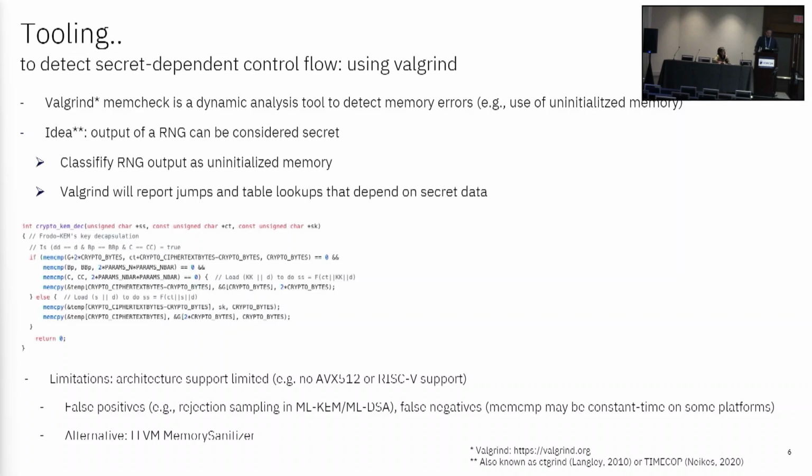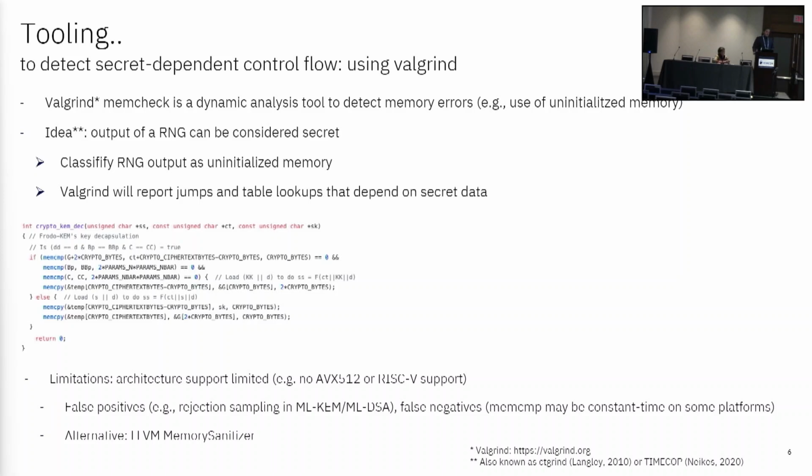There are some limitations about that. I mean, false positives. For example, some like MLKEM and MLDSA use something called rejection sampling to get some distribution, which is basically a loop. And Valgrind would flag that, which would be a false positive.